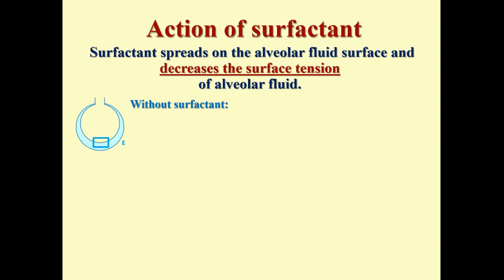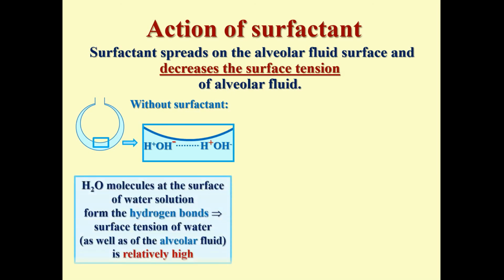Look, without surfactant, let's enlarge a little portion of the surface. The surface of fluid that covers the alveolar walls contains water dipoles, H plus, OH minus. And between these molecules, hydrogen bonds appear. And these hydrogen bonds make a high level of surface tension of water.